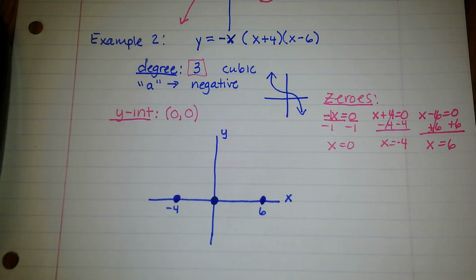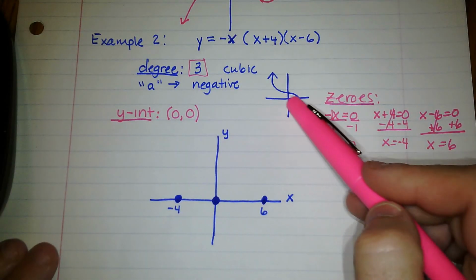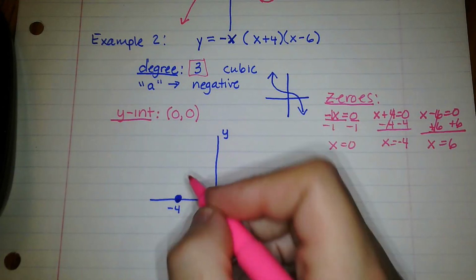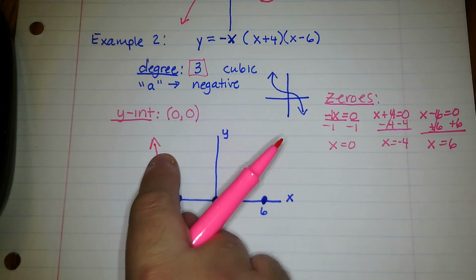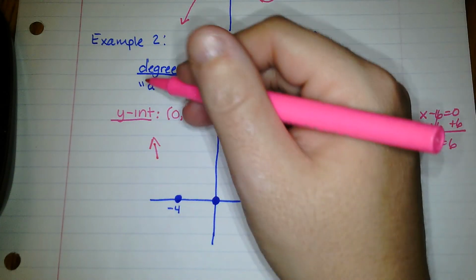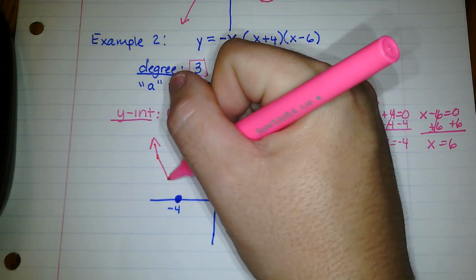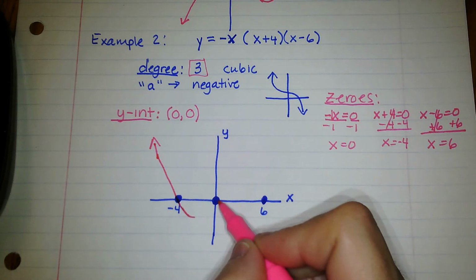Now it's time for me to graph. I know I have to start top left, and I have to end up bottom right. That means I'm going to start up here. Everywhere I hit a dot, I have to cross. So I'm going to cross through at negative 4. Come back down. Oh, I have to cross at 0.